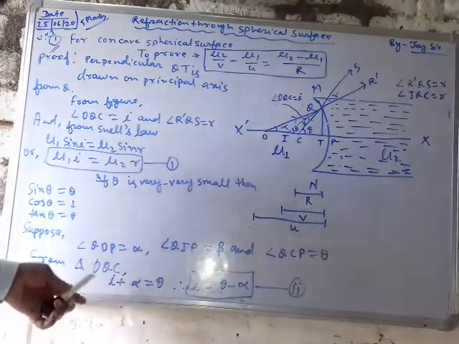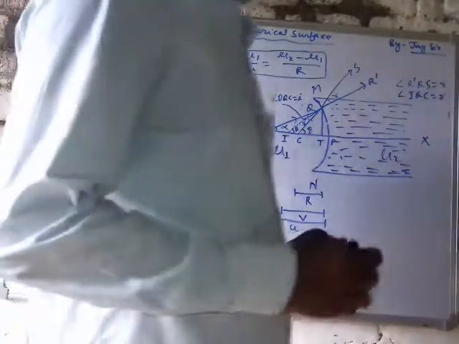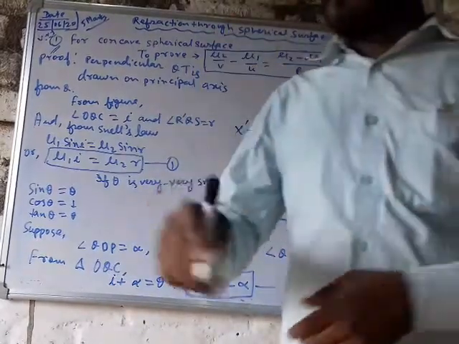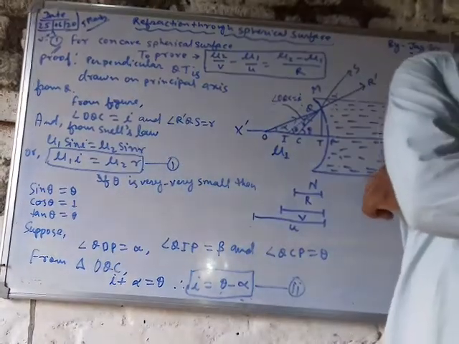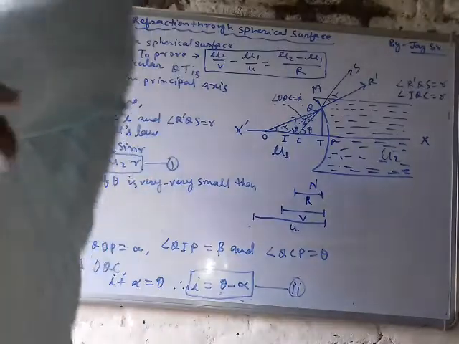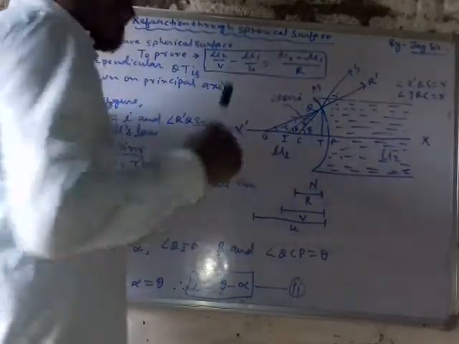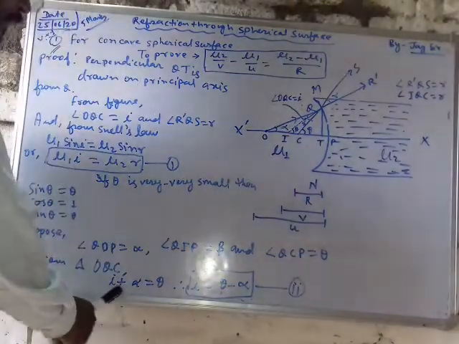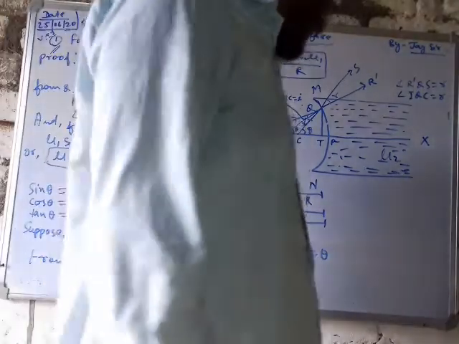This is the property of a triangle: if a side is produced, the exterior angle formed is equal to the sum of the two interior angles of the triangle. So i plus alpha is equal to theta, or i is equal to theta minus alpha. This is taken as equation 2.